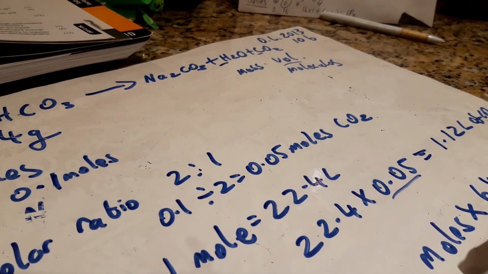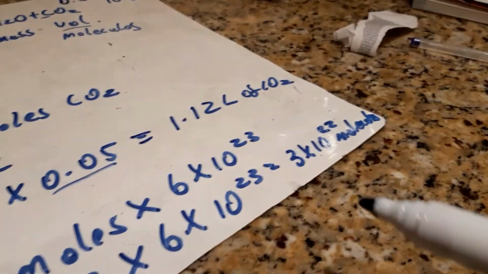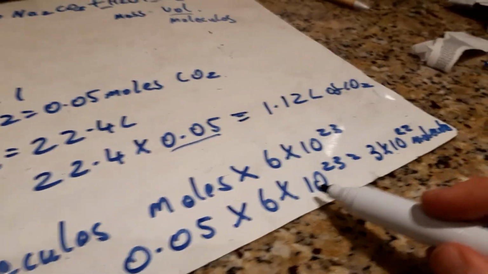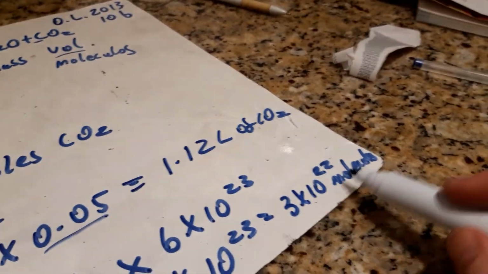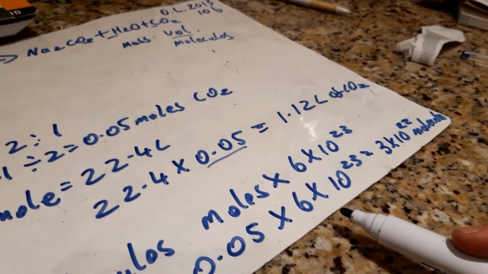So we multiply 0.05 by 6 by 10 to the 23, and we get 3 by 10 to the 22 molecules of carbon dioxide. A bit smudgy there at the end, sorry. It's 0.05 times 6 by 10 to the 23, which gives 3 by 10 to the 22 molecules of that gas.